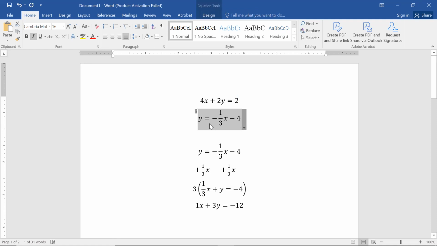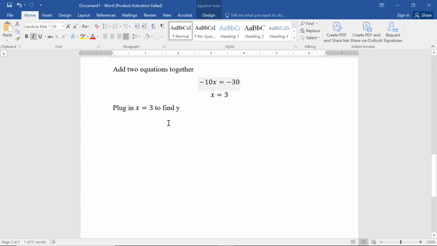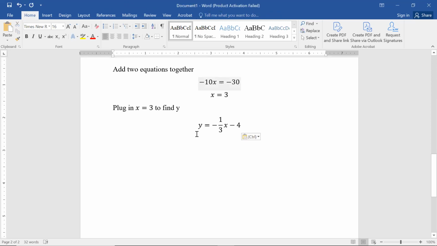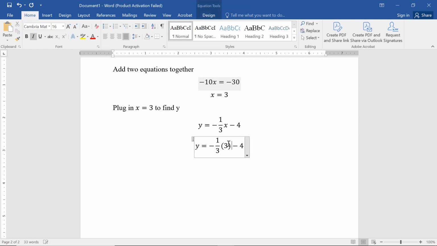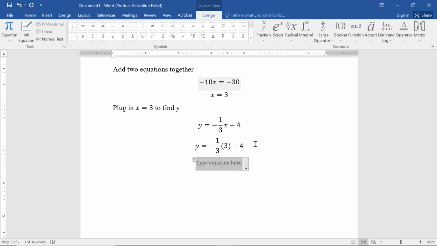So I'll use this very first equation, y equals -1/3 x minus 4, meaning the equation that we started with in the system. So I plug in 3 to that. And what you see, hopefully, when you take -1/3 times 3 minus 4, you get a y of -5.